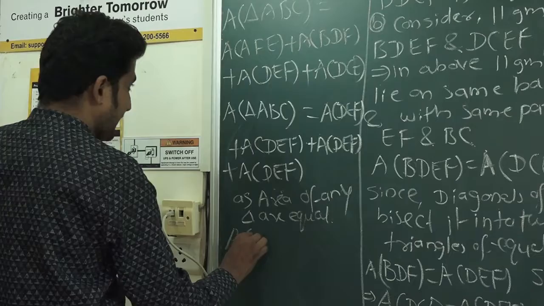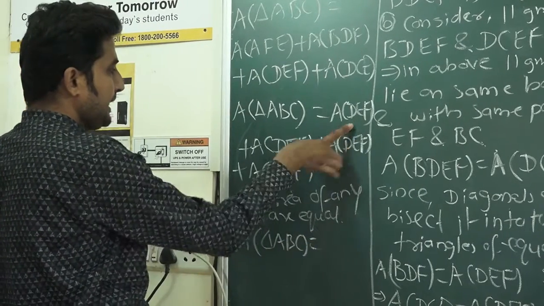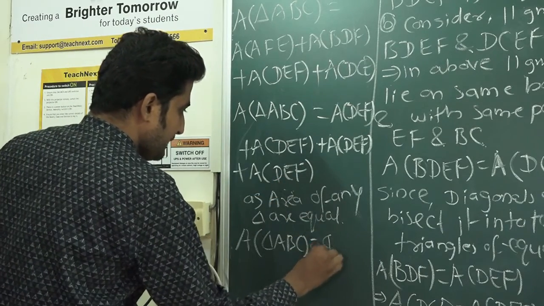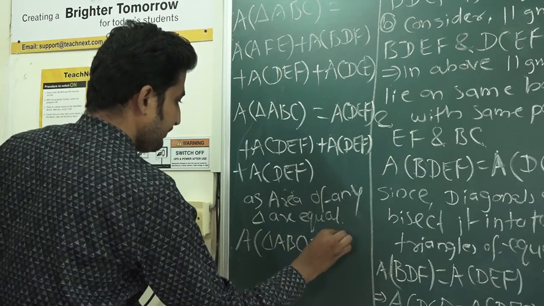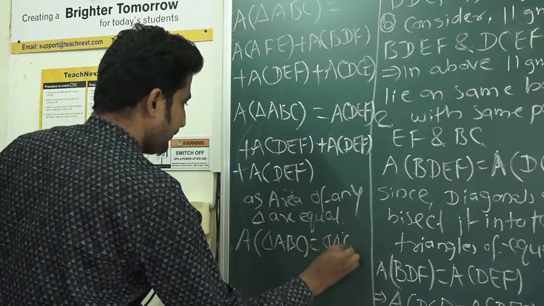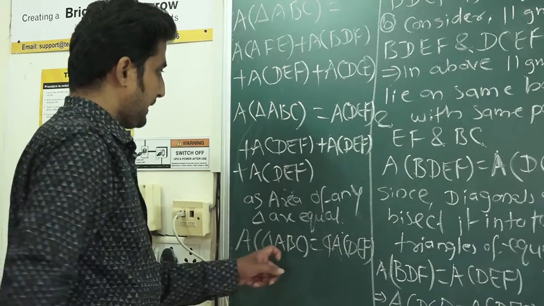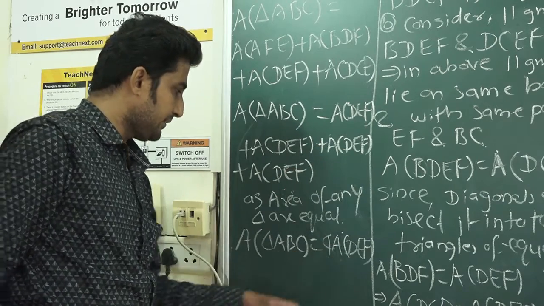So what does it mean? Area of triangle ABC is equal to what, dear students? It is 4 times area of triangle DEF. Here it is DEF, so it is 4 times DEF.